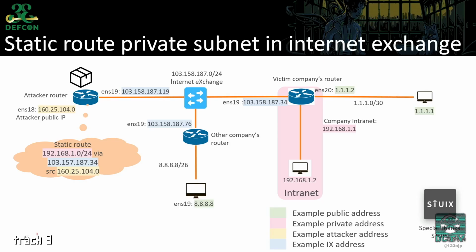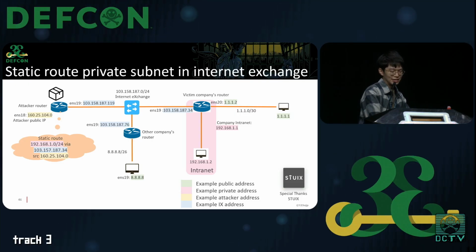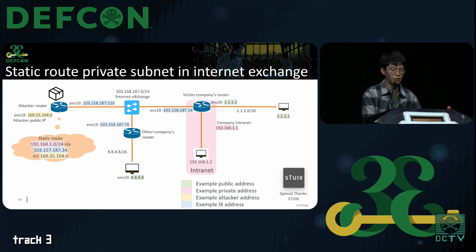So in the internet exchange, if we compromise a router at an internet exchange, or we can just rent an IXP VM to access an internet exchange, we can force a private subnet as the next hop to the victim company router.